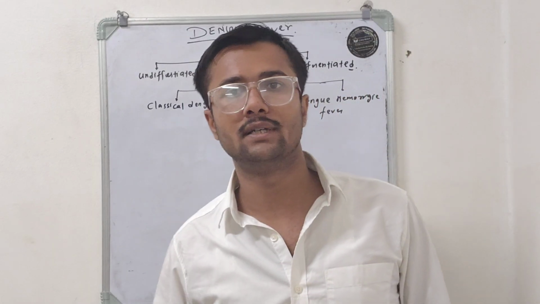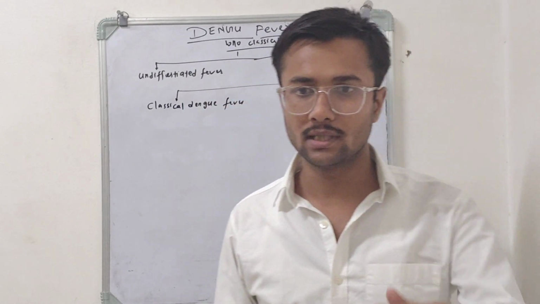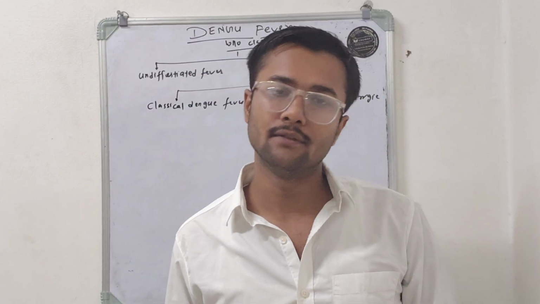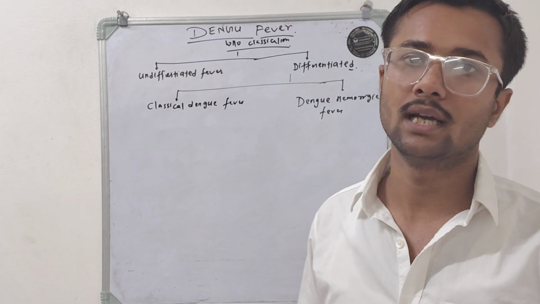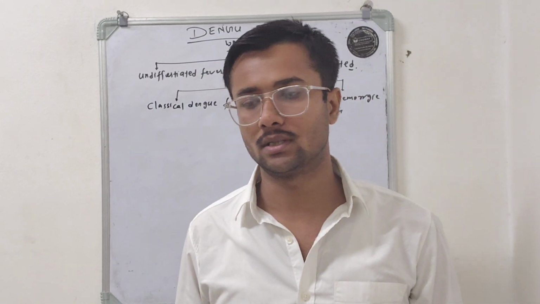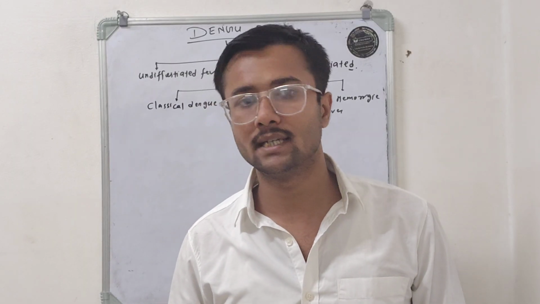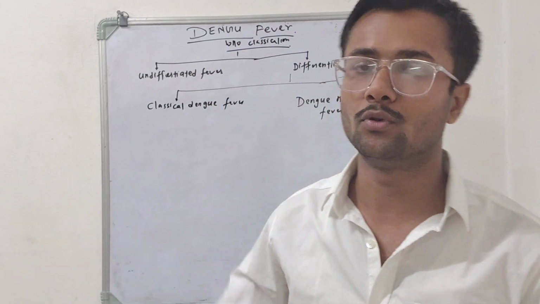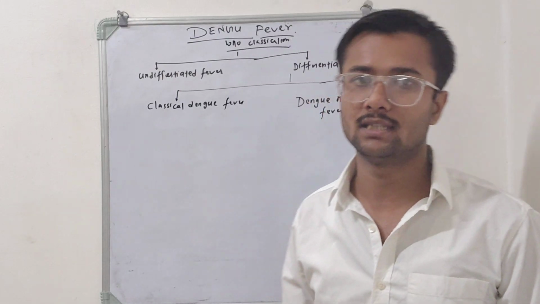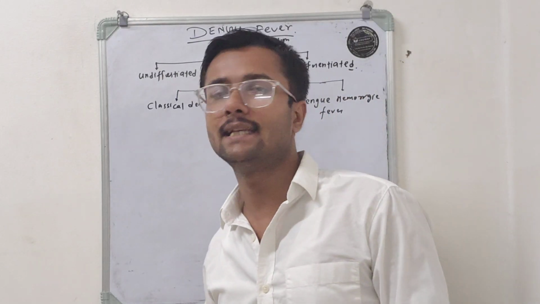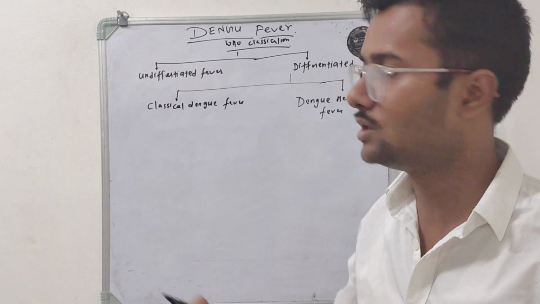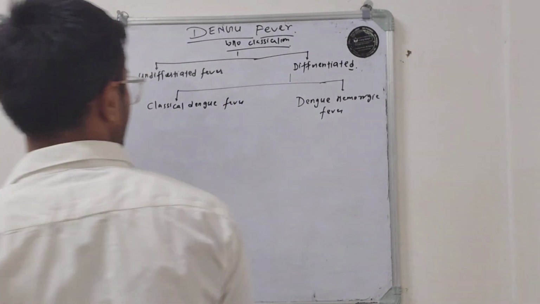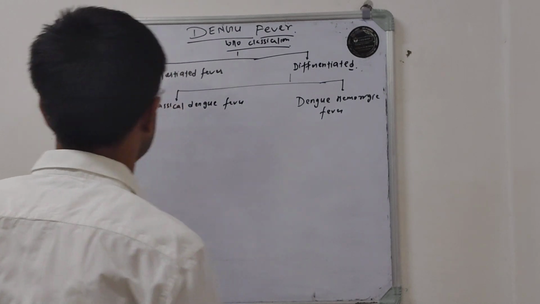In the febrile stage we can't differentiate between classical dengue fever and dengue hemorrhagic fever, because both have similar signs and symptoms. So what are the signs and symptoms in the febrile stage?